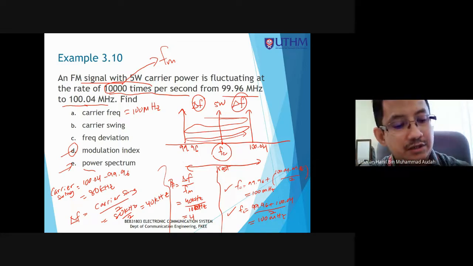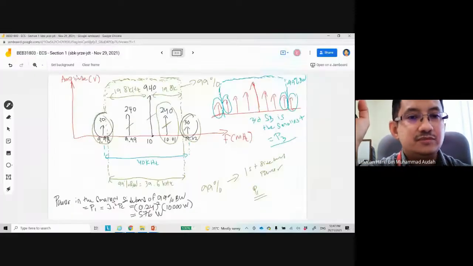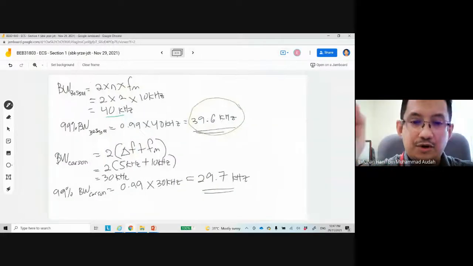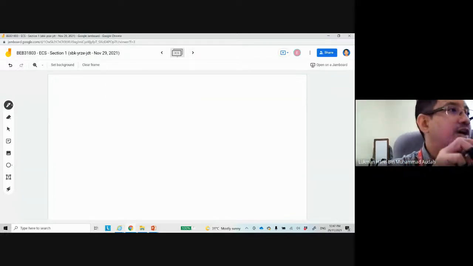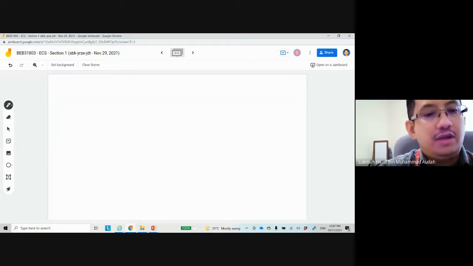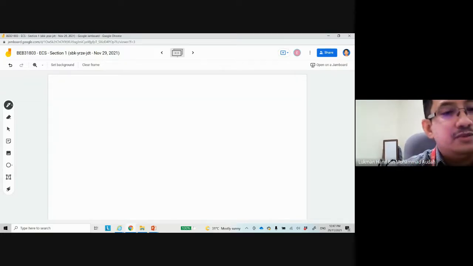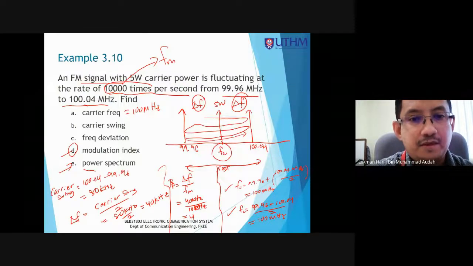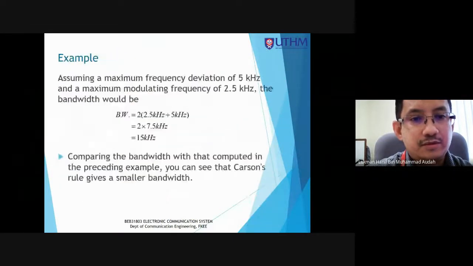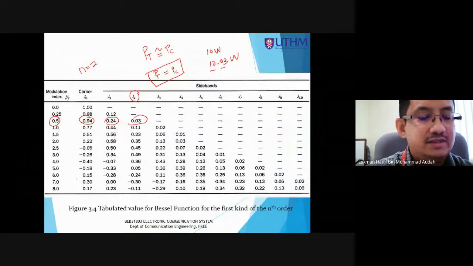So ini kena guna whiteboard lah. So we need to use the whiteboard. Ini satu hal lagi, kita perlu buat table lah. So maknanya kalau beta F is equal to 4 from the Bessel table, so kembali kepada Bessel table.